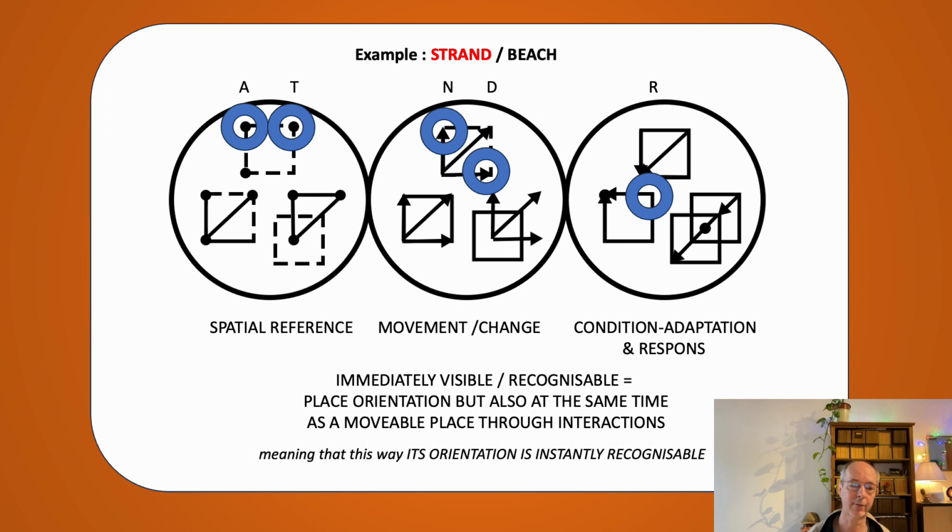So what will be immediately recognizable or visible? There is clearly a place orientation, because I have 2 letters in place. At the same time, and with the same amount, there's also a move or a change.